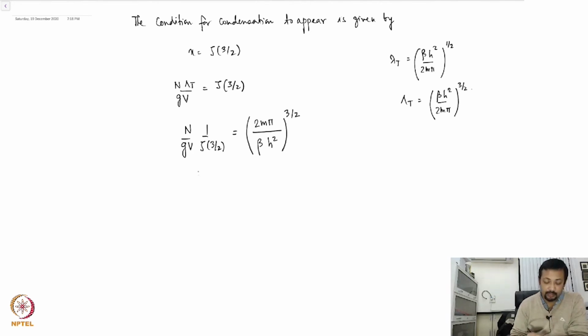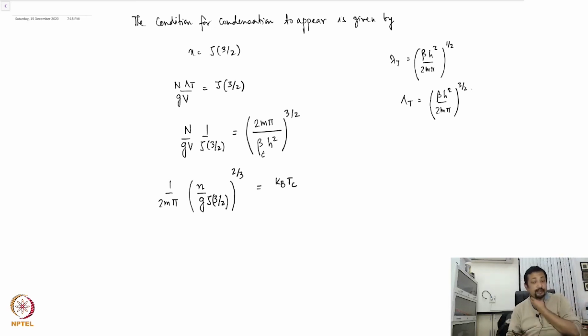So capital N by V is a small n, the number density, over g zeta 3/2 raised to the power 2/3. I have 1 over twice m pi, which is going to be your kb Tc. So we will replace the beta here by beta c, indicating that this gives me the temperature.